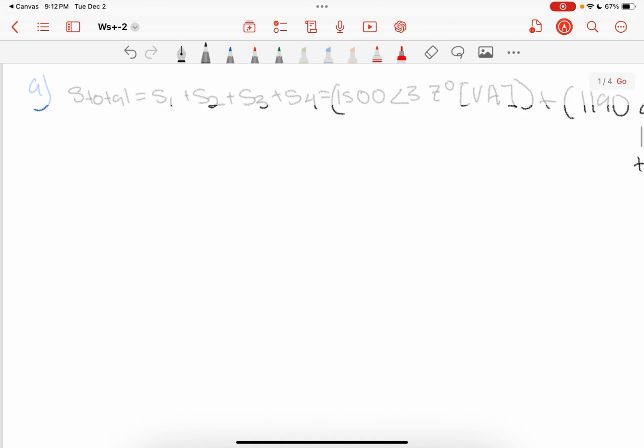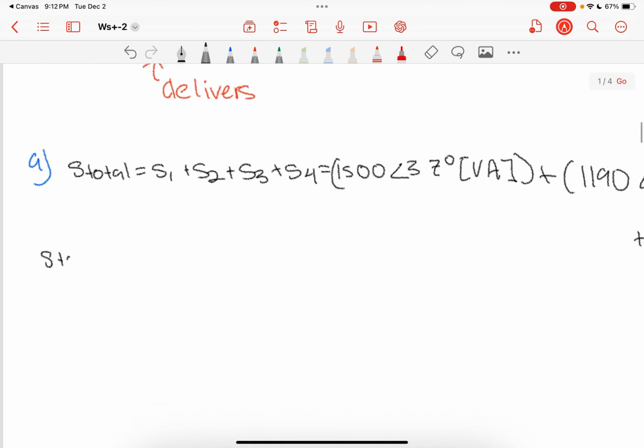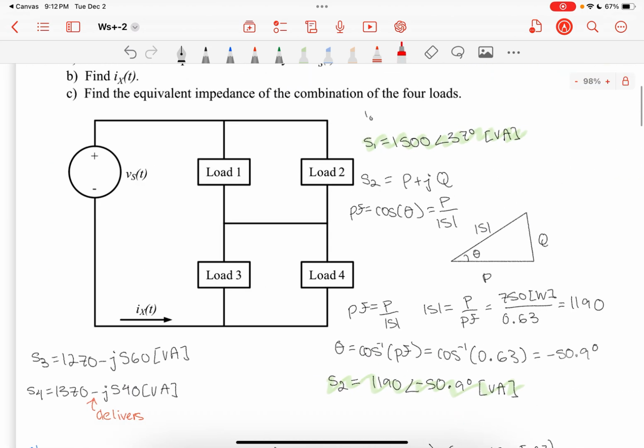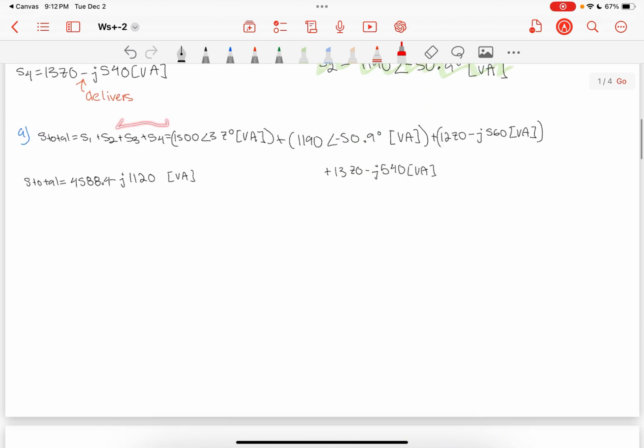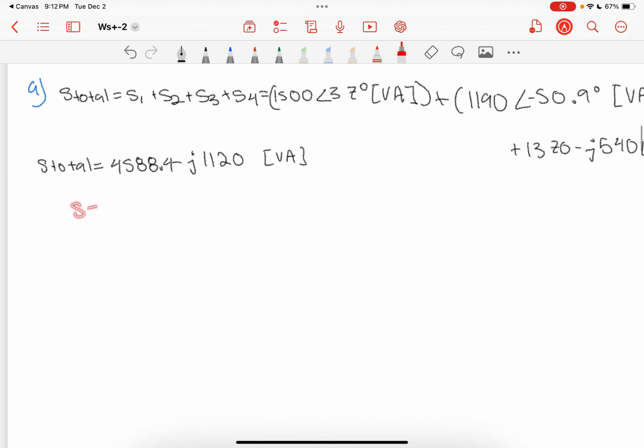And from there, I get S total is equal to 4588.4 minus J1120 volt amps. Now this is going to be the complex power for the entire circuit, but we're specifically asked for reactive power. So once again, we know that S is equal to P plus JQ, and that Q is going to be our reactive power.